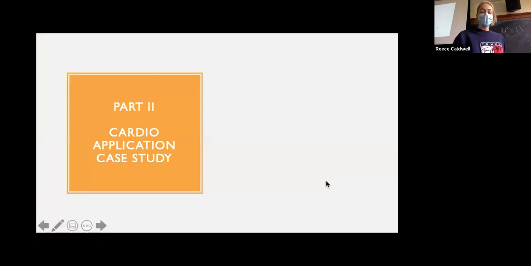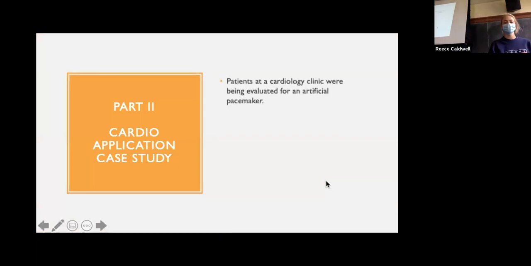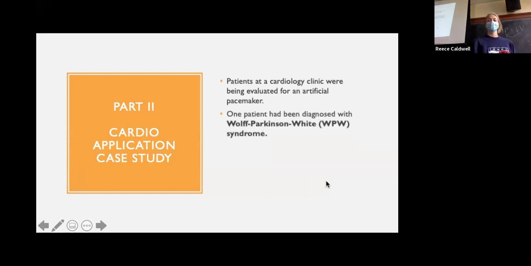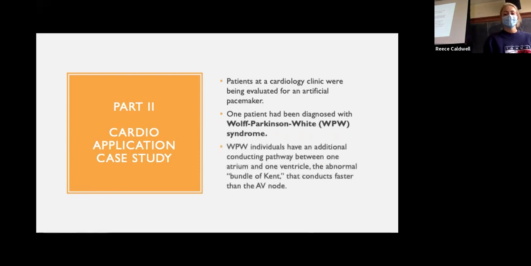And then lastly, we're looking at a case study. We're looking at patients at a cardio clinic, and one of them has been diagnosed with Wolff-Parkinson-White syndrome, WPW. What happens with those who have WPW is they have an issue with the electrical conduction in the atria and ventricles of their heart.